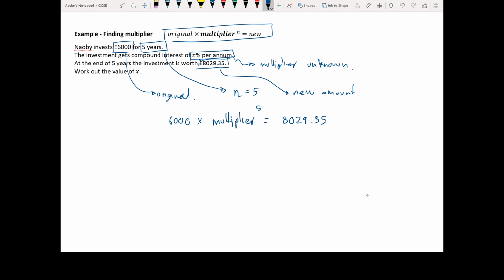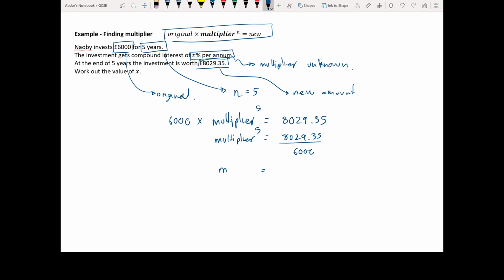So let's divide both sides by 6,000 to do the inverse of the times 6,000. Dividing both sides by 6,000 leaves me with multiplier to the power of 5 is equal to 8029.35 over 6,000. Now, to get rid of the power of 5, I need to do the inverse of power of 5, which is the fifth root.